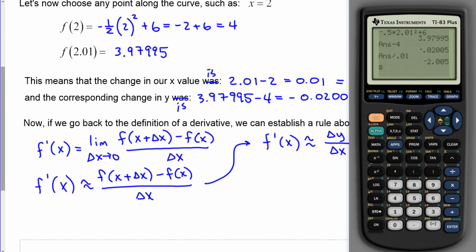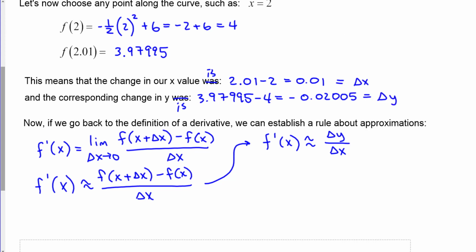If you'll remember the derivative, it was negative x. So the derivative at 2 is negative 2. So this point is an approximation to the derivative. It's not exact, but it is close to it. And what we can say then is, if I multiply delta x to both sides, I can say delta y is approximately f prime of x times delta x. And this is our rule for linear approximations, right? And it tells us how this all fits together.